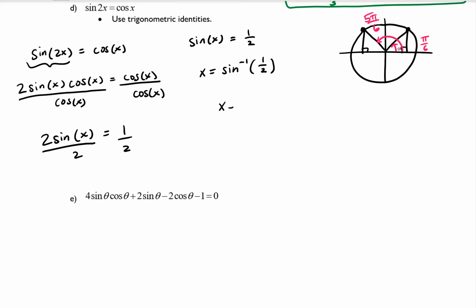So our solutions are going to be pi over 6 plus 2 pi k, where k is an integer, and also 5 pi over 6 plus 2 pi k, where k is an integer.